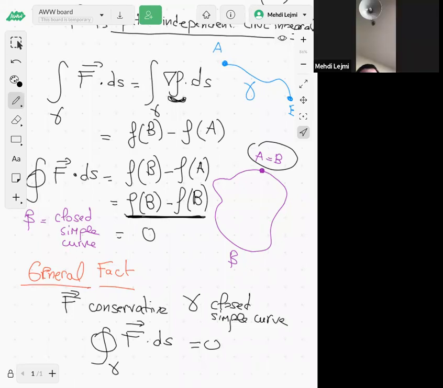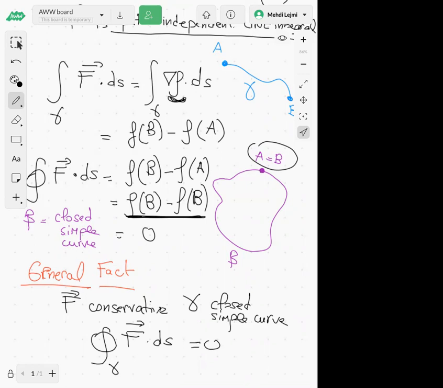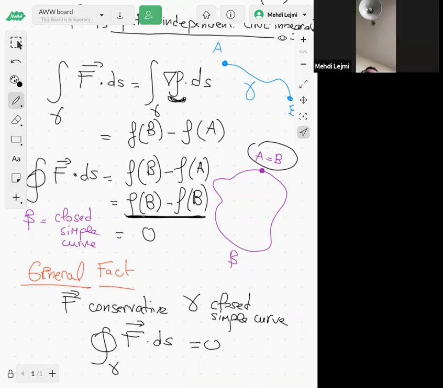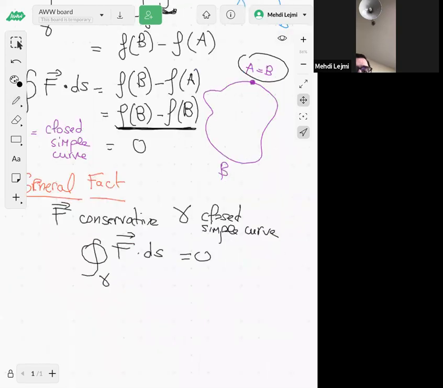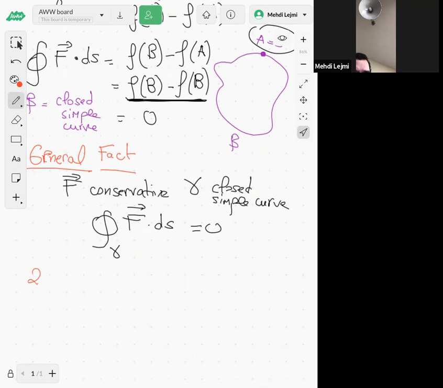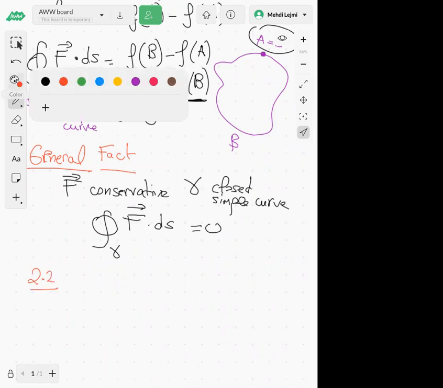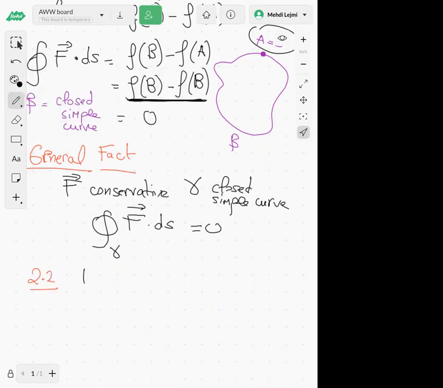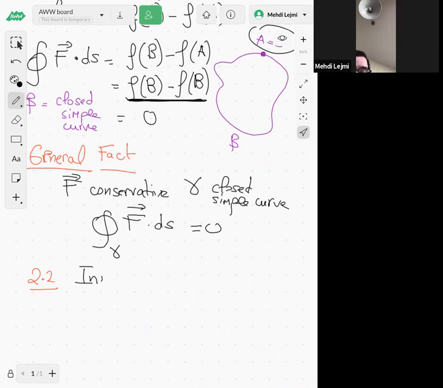Is that the same thing for 2.2? No, it's different. In 2.2, the path gamma is not closed. Let's compare what the initial and terminal points are in 2.2. It goes from point A to point B, but it's not closed, right? The time t is in the interval 0, 1.